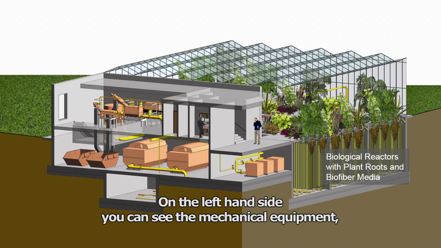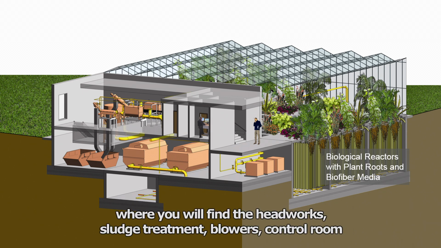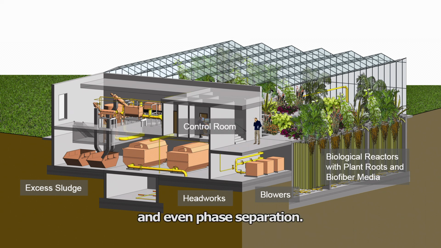On the left-hand side, you can see the mechanical equipment, typically in multi-story arrangement to provide a spatially very efficient solution. That means that it is in these sections where you will find the headworks, sludge treatment, blowers, control room, and even phase separation.